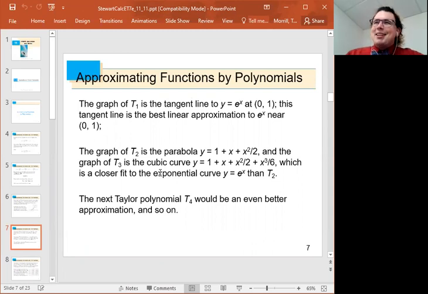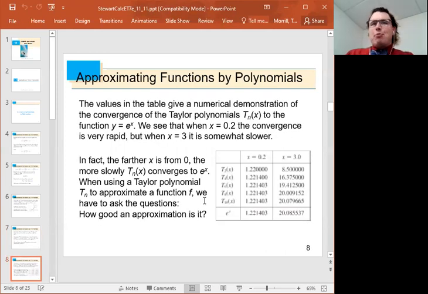Now, granted, the exponential function will eventually grow faster than any polynomial, but as long as we're close to 0, we'll have a good approximation. If we want a good approximation somewhere else, then we would just center at a different value of a.